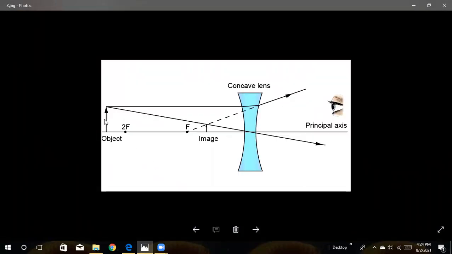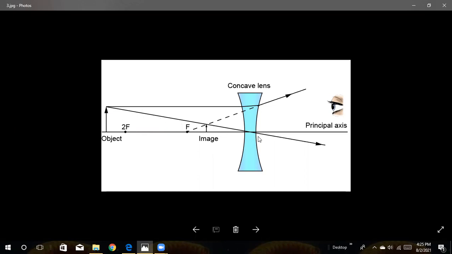Here is the ray diagram of a concave lens. Two light rays come from the top of the object. Always we take two light rays. One is parallel to the principal axis. The other ray goes to the optical center.